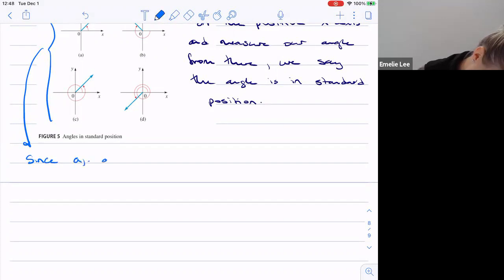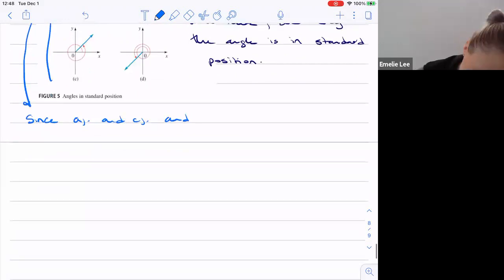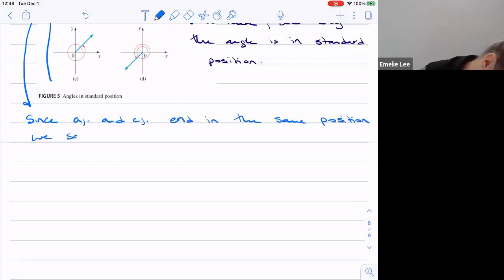Since A and C end in the same position, we say that they are coterminal. Meaning the terminal is the end, right? And so they're coterminal, they end at the same position.